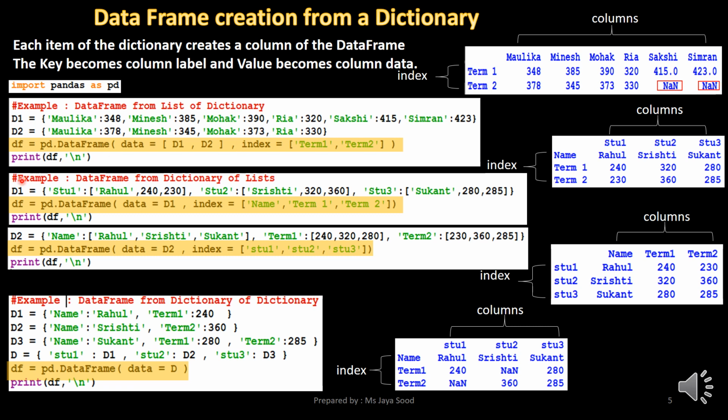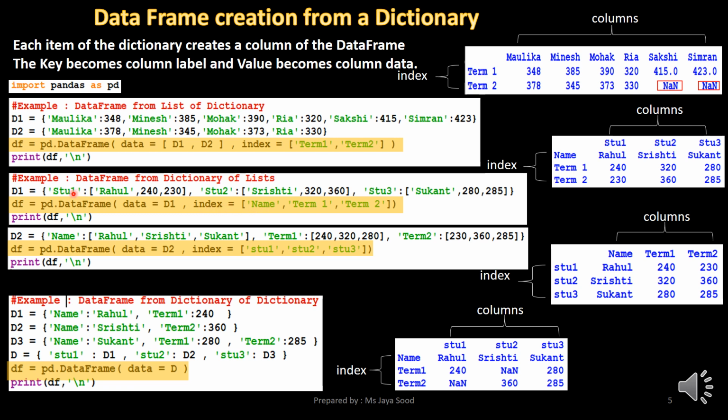In example 2, we are creating a data frame from a dictionary of lists. D1 is a dictionary with a key and a list as its value. So stu1 is the key and the list Rahul 240 230 is its value and so on. df is a data frame object which is now created by passing the dictionary D1 as the data and a list of labels as the index.